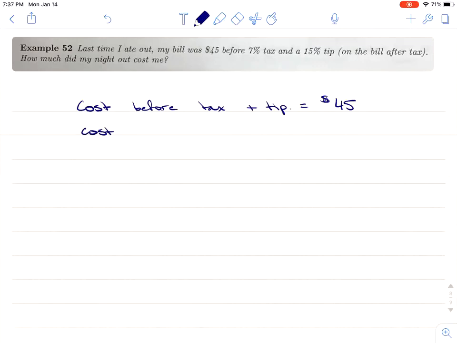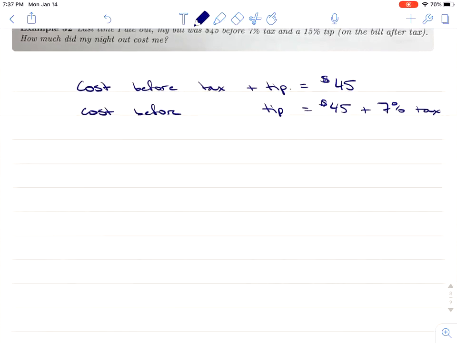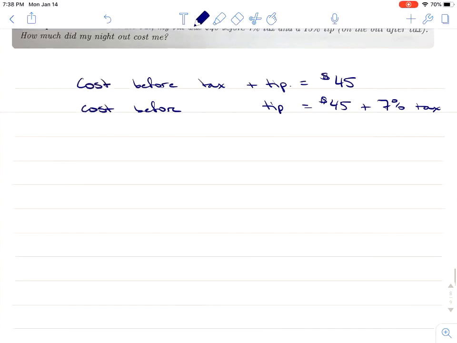So the cost before the tip is $45 plus 7% tax. Kind of looks weird, but it is just the cost before the tip is $45 plus the tax. So let's start there.